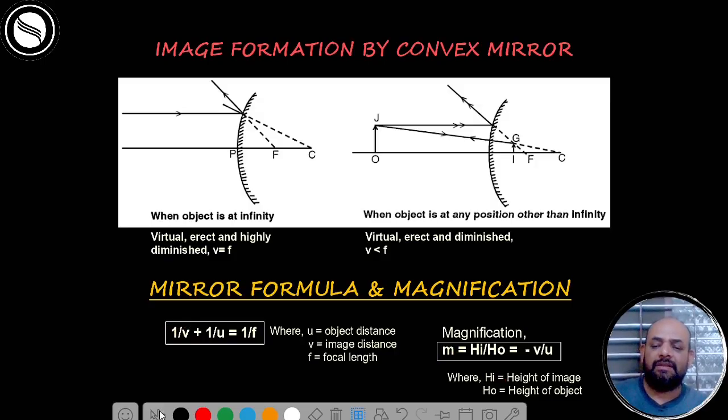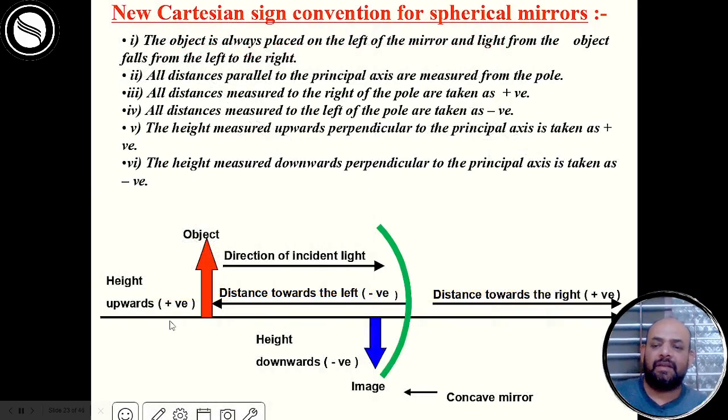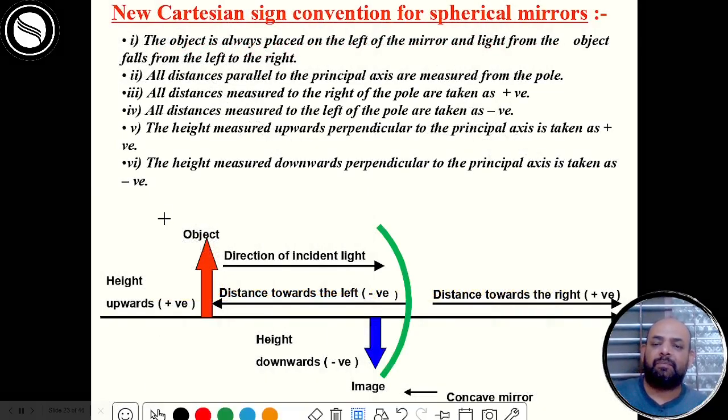So the first rule of sign convention is that we have to place the object always left hand side to the mirror. We can place the object right hand side also.